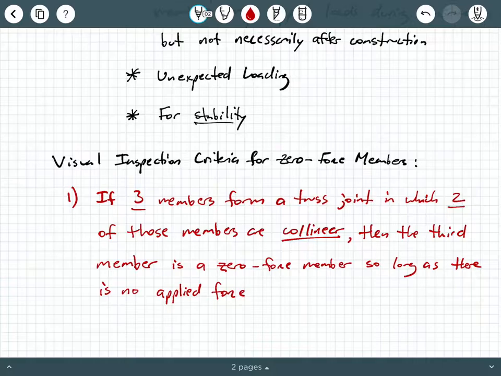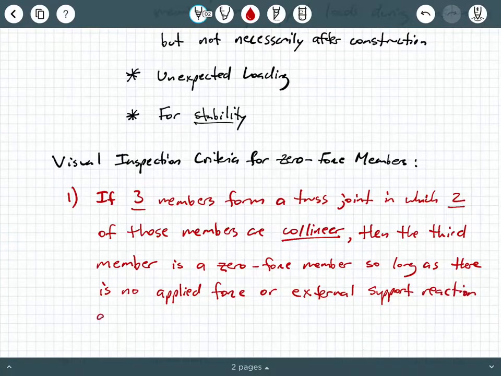there is no applied force or external support reaction at that joint. So take a second and really think about what we're saying here.